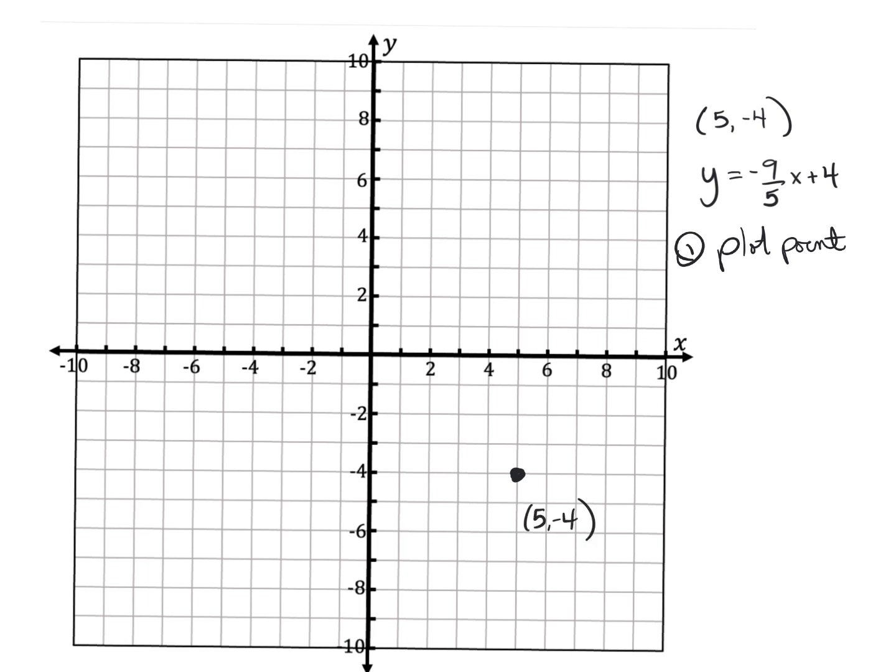Now, it's a parallel line, so I don't have to solve for slope. My slope is given to me. It's -9/5. So this is my rise over run.